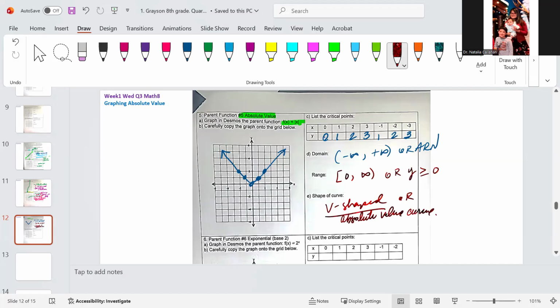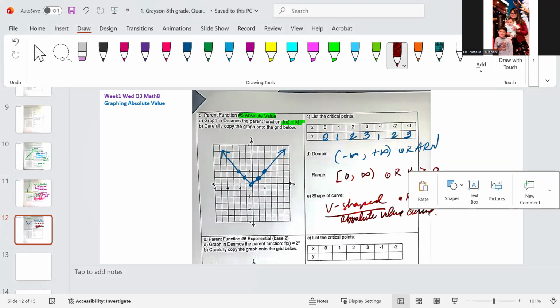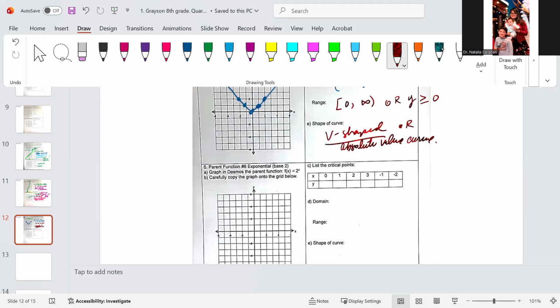I would probably call it V-shaped because it's shaped like a V, right? But you could say it's an absolute value curve because all the other ones were like a square root curve or a quadratic curve. So if you can't remember what it's called, just go to the name, absolute value curve, and then put the word curve on it.